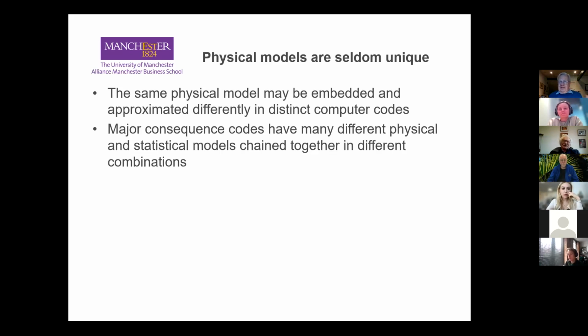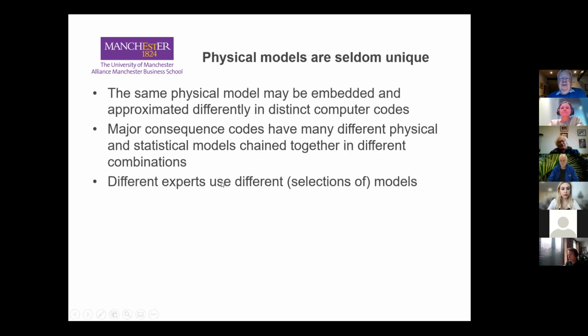So that's just one model, but then you would chain together lots of different models in most big risk analyses. You have things that tell you about dispersion, things that tell you about soil uptake, things that tell you about health effects, things that tell you about effects on agriculture. And when you're putting together those models, different experts lean and grab different models because their mate down the coffee bar said this one was good or whatever.